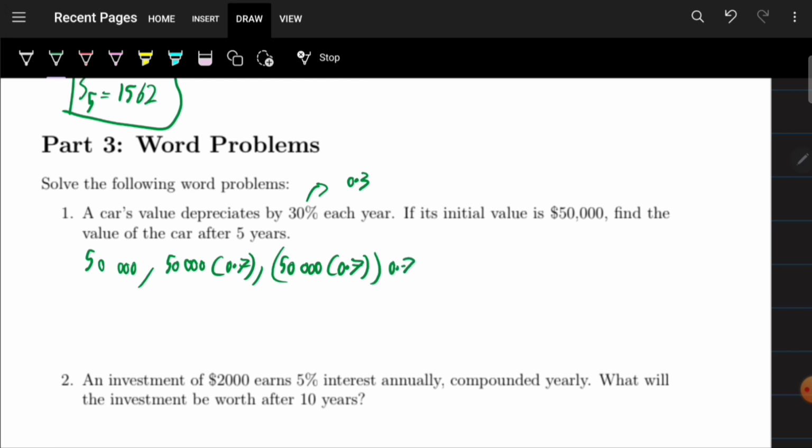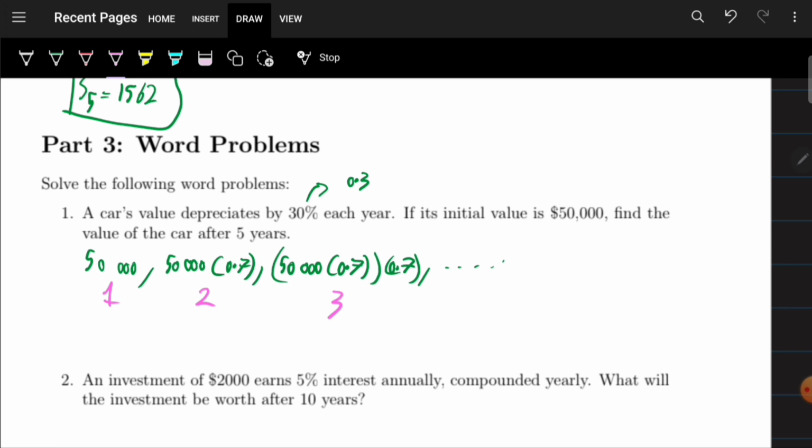And it'll keep going like this. So the common ratio here is 0.7, right? We're multiplying by 0.7 every time. This is term 1, this is term 2, this is term 3.